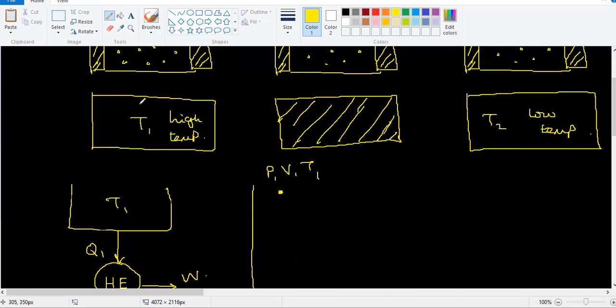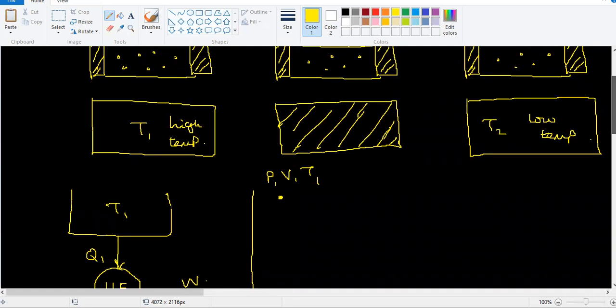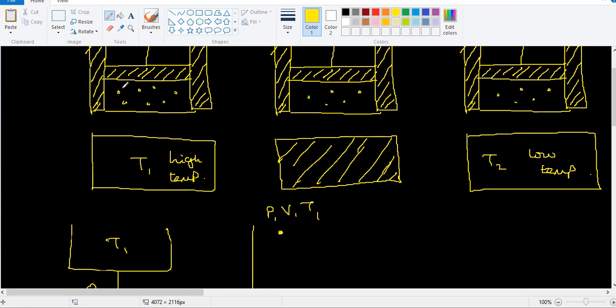If I put some heat over here, high temperature source, the heat will be going this way, which means this piston will start expanding. When you are adding heat, the piston is moving up. So the volume is increasing and the pressure is decreasing, right? Initially the pressure is increasing, but then as the piston is going up, the pressure decreases.